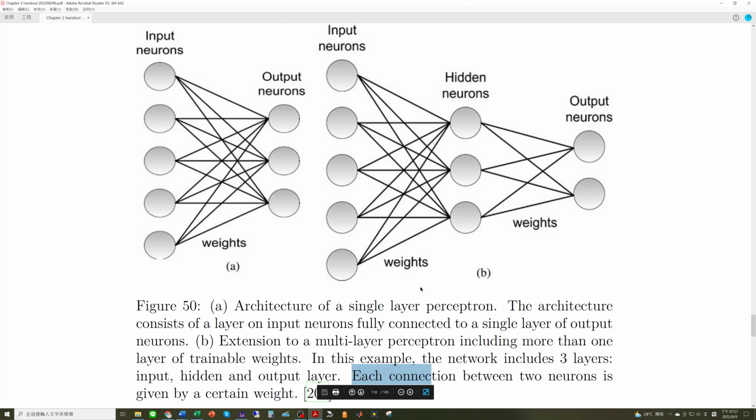Each connection between 2 neurons is given by a certain weight. For example, this connection between this neuron and this neuron is given by a certain weight, and so on. Each connection has its own weight.